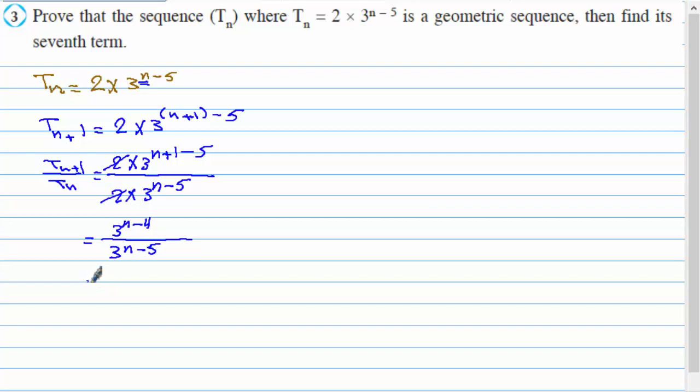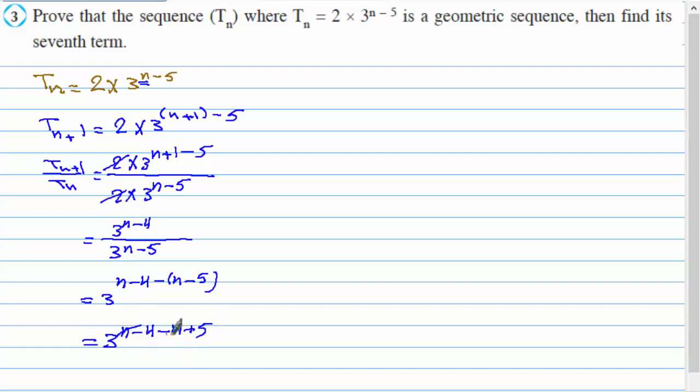This equals 3 power n minus 4 minus n minus 5, which equals 3 power n minus 4, and to expand this bracket it will be negative n, and minus multiplied by minus is positive 5.